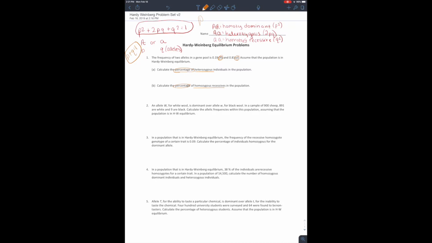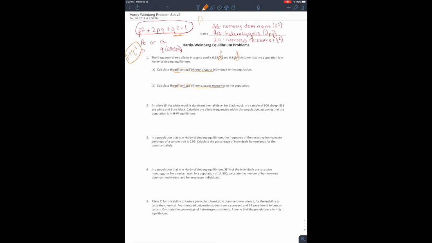So big A is p and little a is q. Now, according to the Hardy-Weinberg equilibrium equation, p squared plus 2pq plus q squared equals 1, heterozygotes are represented by 2pq.